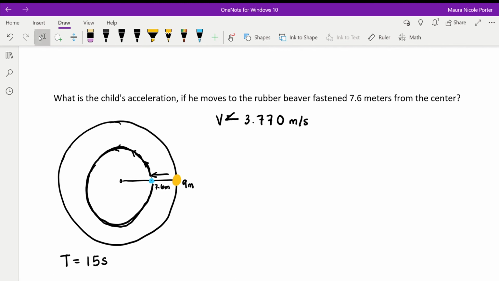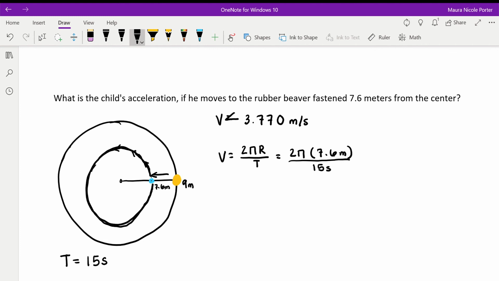So from our first problem, we derived that our equation is going to be 2 pi r divided by time. The only difference here from the first problem is going to be our r value. So 2 pi times 7.6 meters all over 15 seconds.